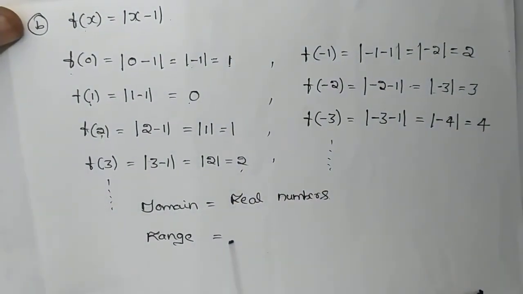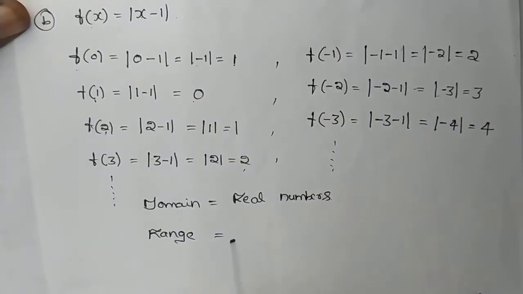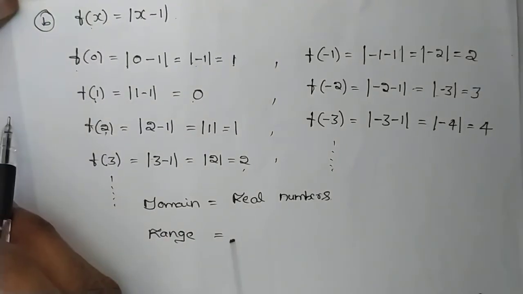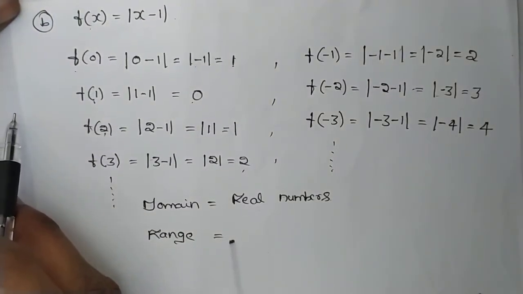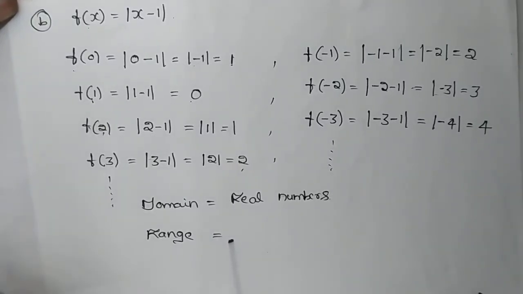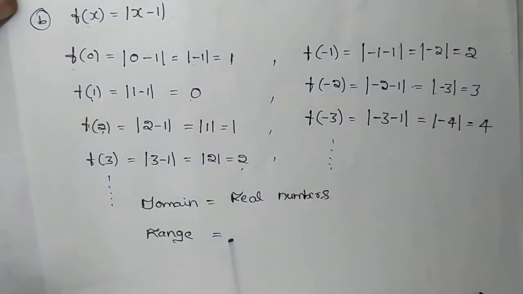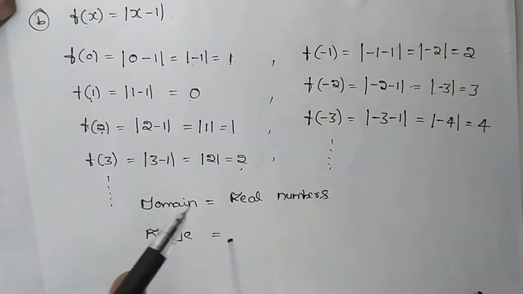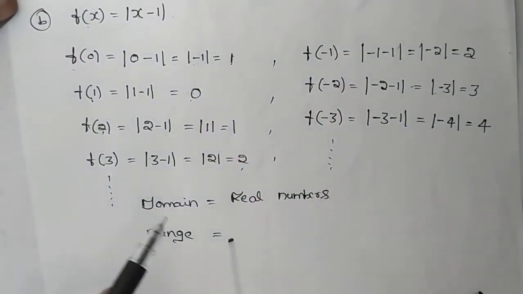So what about the range? You just think it. In our previous problem, we were getting the outputting values like 0, minus 1, minus 2, minus 3 and so on, right? Here we are getting 0, 1, 2, 3, 4, 5 and so on.